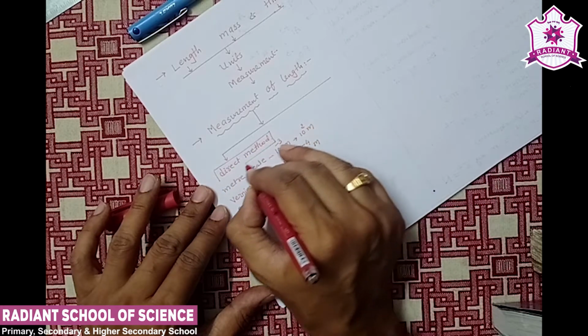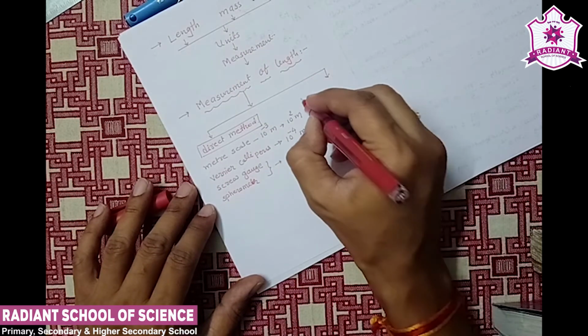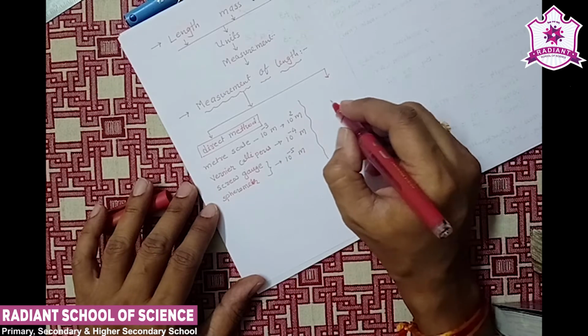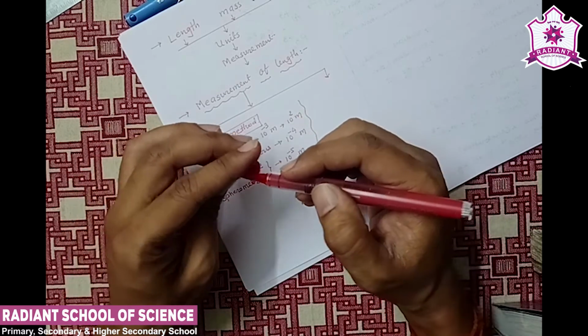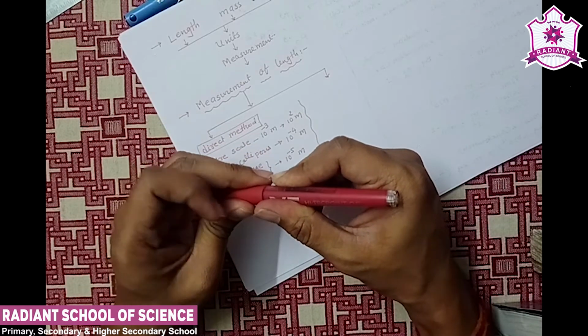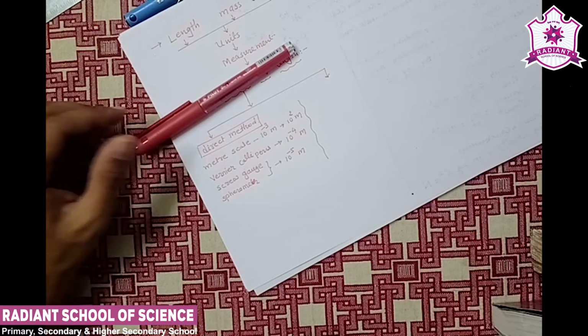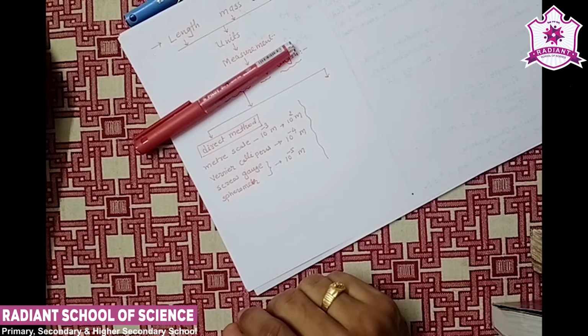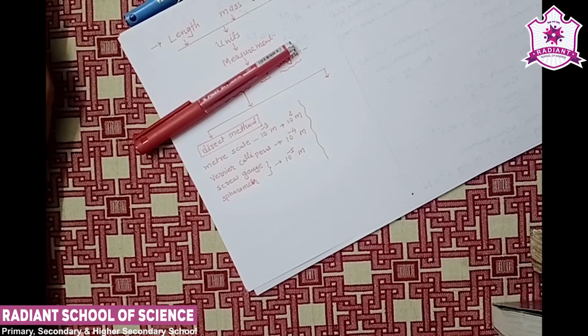But this is called the direct method. Suppose I want to measure the distance between the Earth and the Sun. A distance like that between the Earth and the Sun is not measured with the direct method, because it is very clear that we do not have a simple scale that can be used to measure it. Large distances cannot be measured with this type of scale.